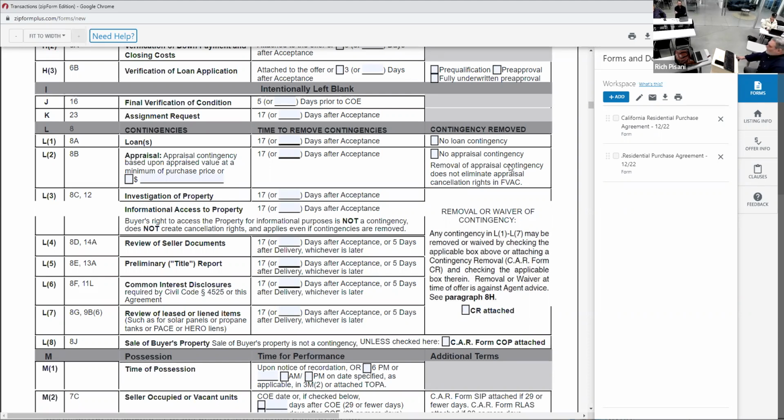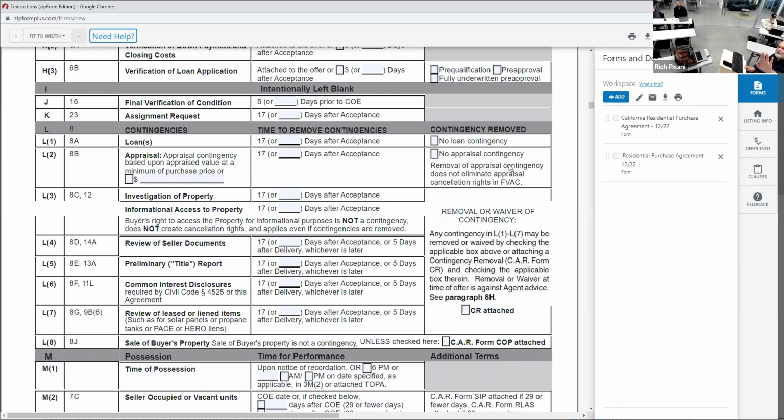A lot of times agents were writing phrases that if it doesn't appraise, but if it appraises for this amount, or it appraises for $10,000 less, then the buyer will move forward. So in order to keep your appraisal contingency, but have a safeguard there, they built it into the contract.